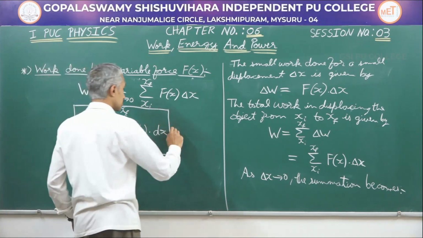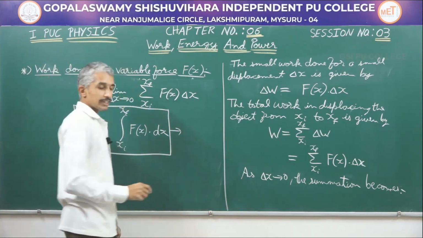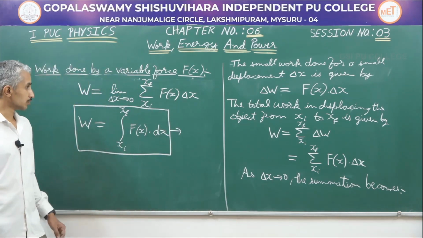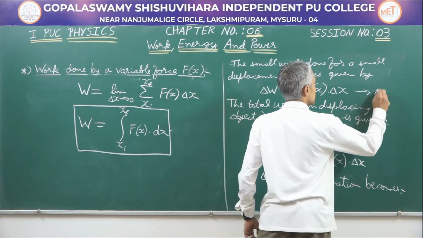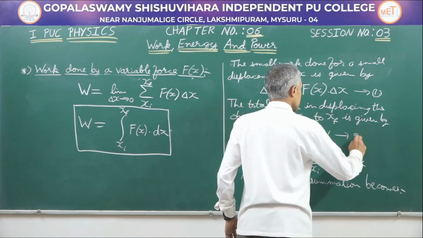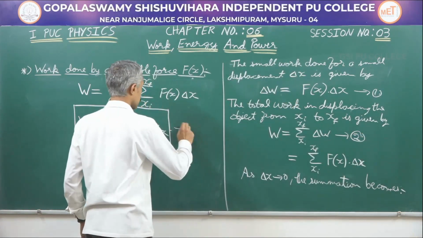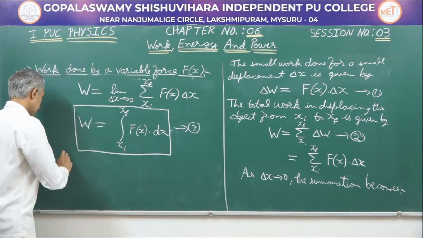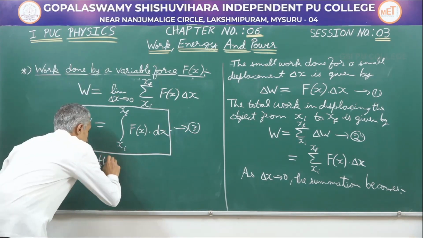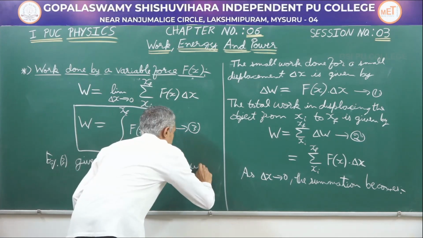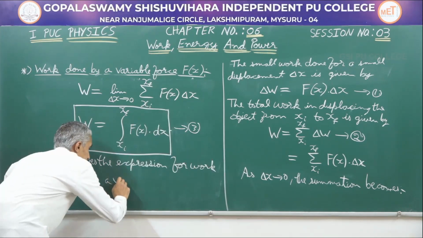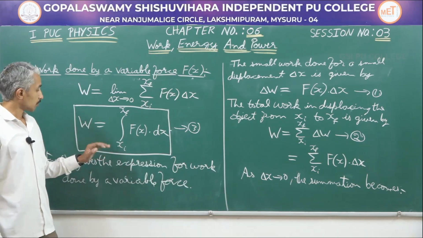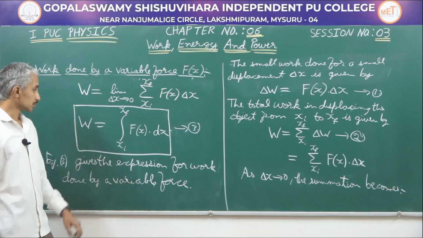So, this is the expression for work done in case of a variable force. If I take this as equation 1, this one as equation 2, and this as equation 3, equation 3 gives the expression for work done by a variable force. So, we have derived the expression for work done in case of a variable force.